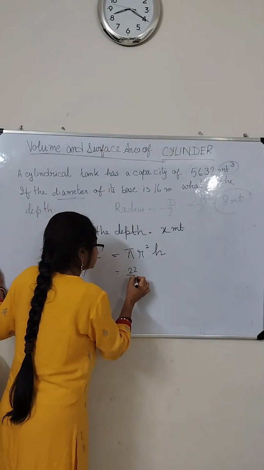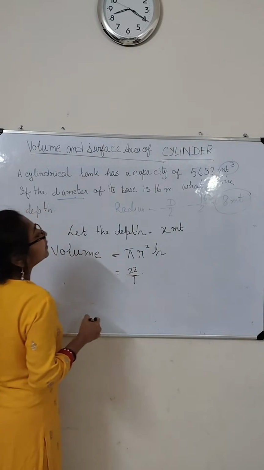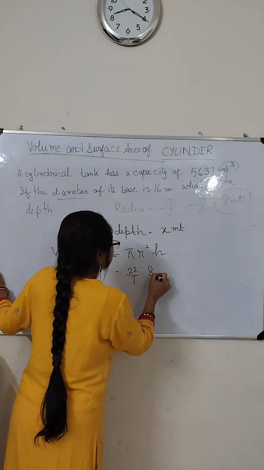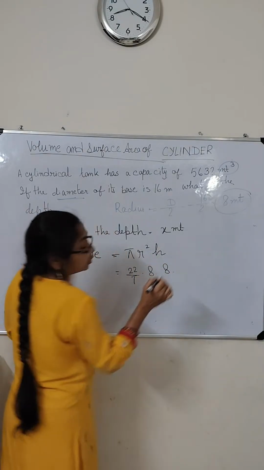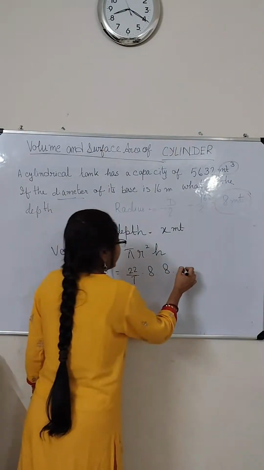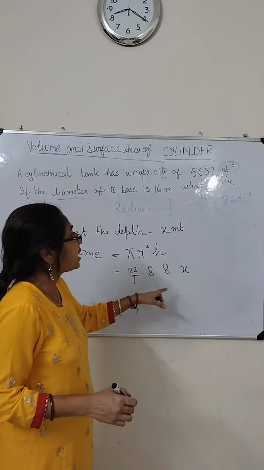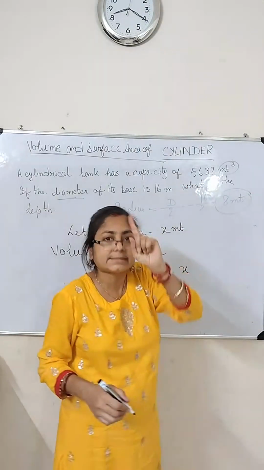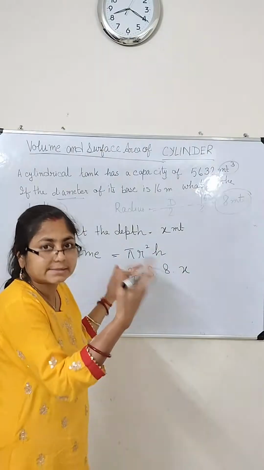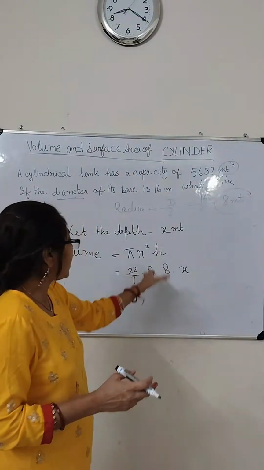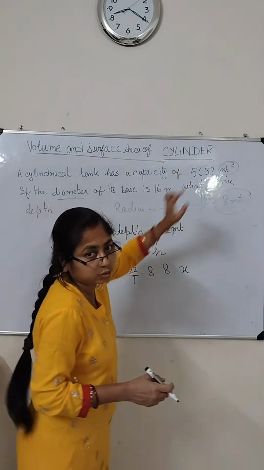First you put the values. 22 by 7, r means 8, x you do not know, so the value is x. And you know the volumes are the same, because this is the same cylinder. So you write according to the question, this one equal to this one.